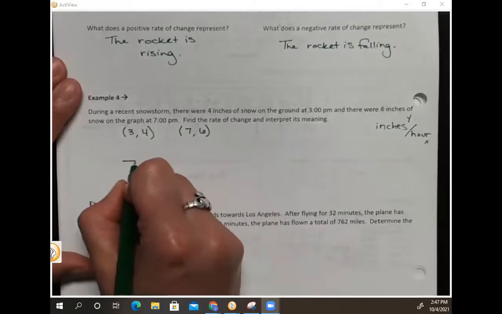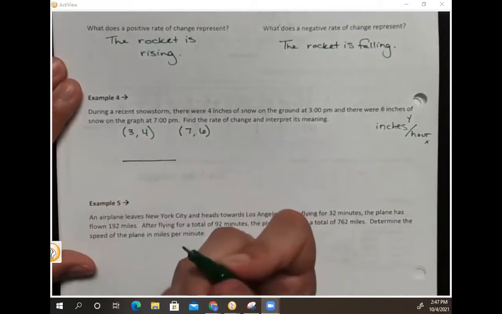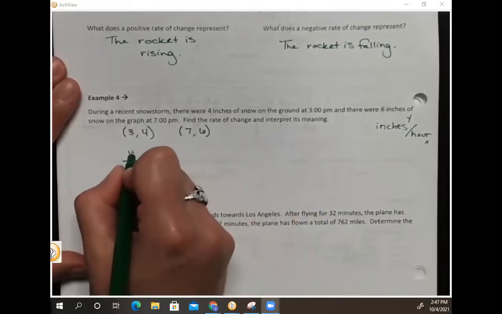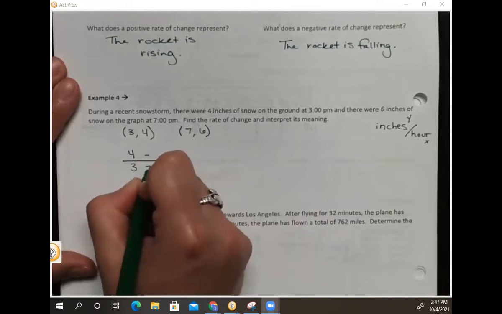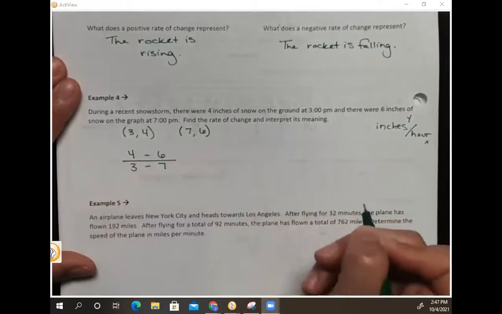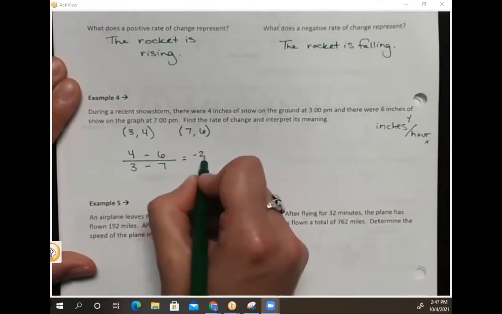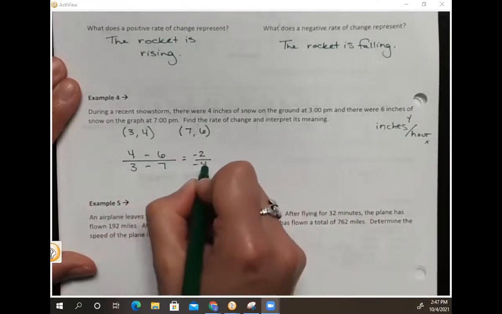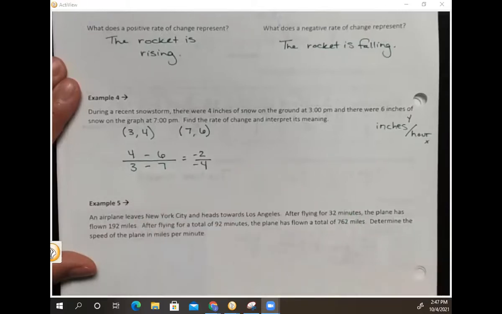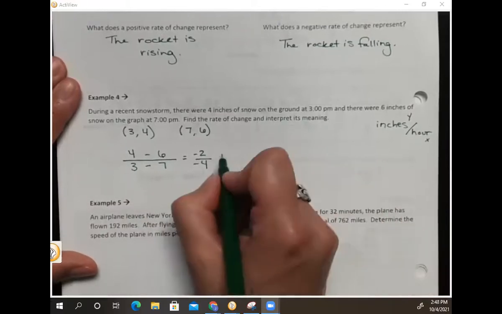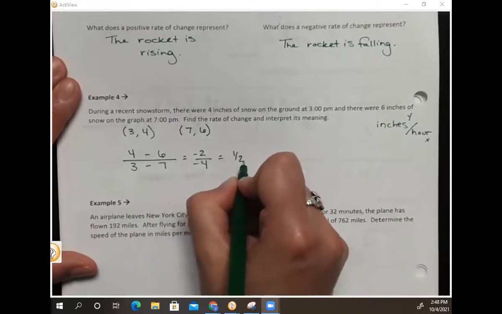So now I'm going to go ahead and find that rate of change. This would be 4 over 3 minus 6 over 7. So we would get -2 over -4. Negative over a negative is going to be positive, and then 2 over 4 I could reduce to 1/2.